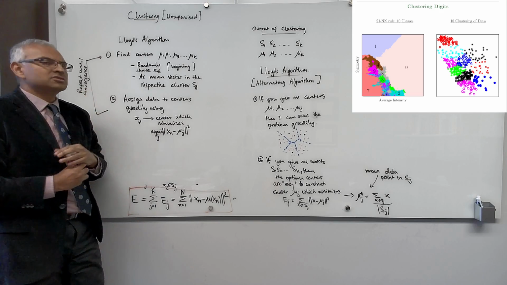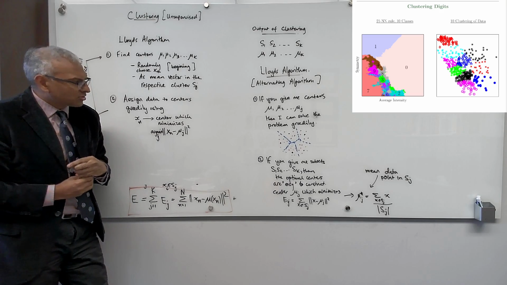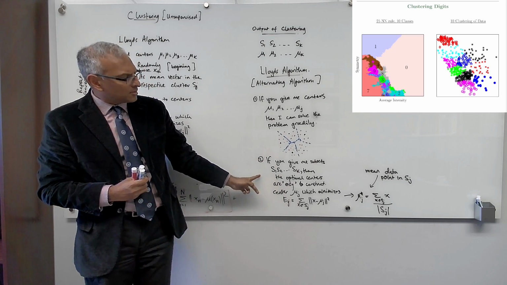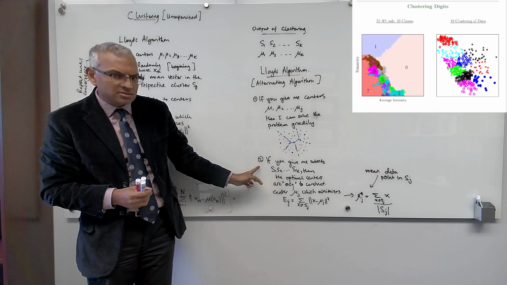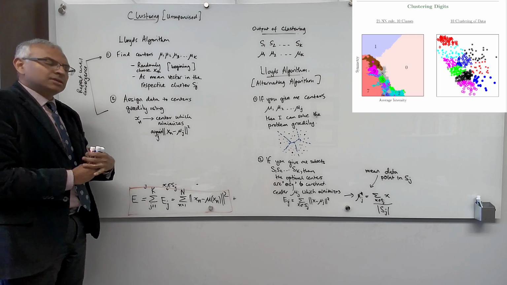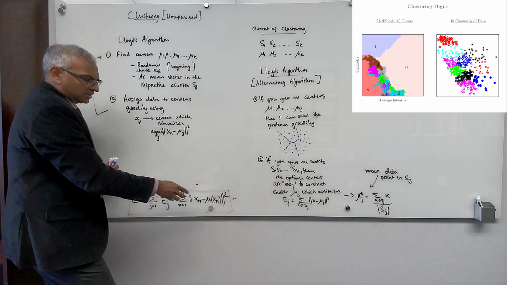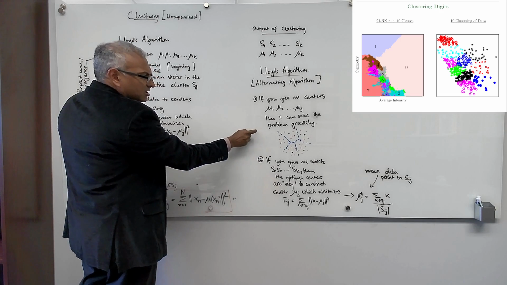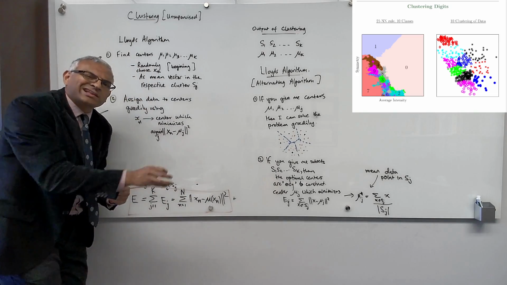Now, how do I know that this is going to converge? The reason is that in each step of the algorithm, if anything changes, that means that this error function strictly improved.